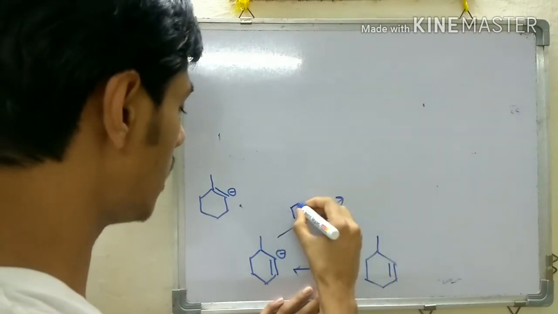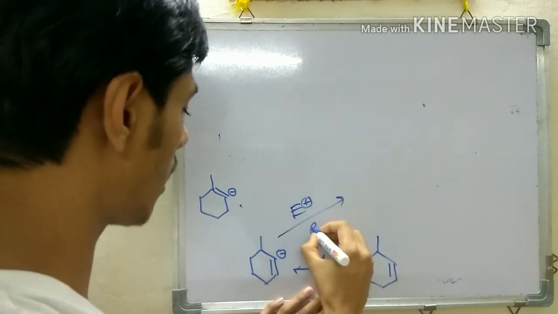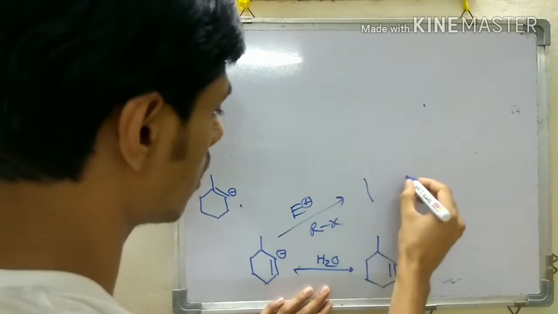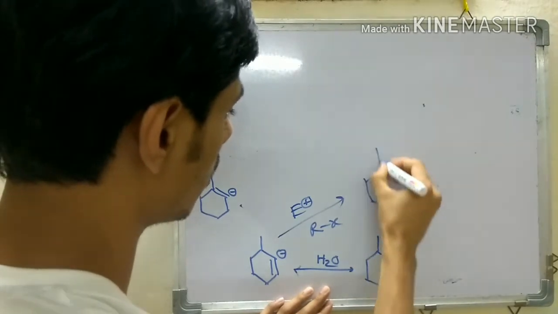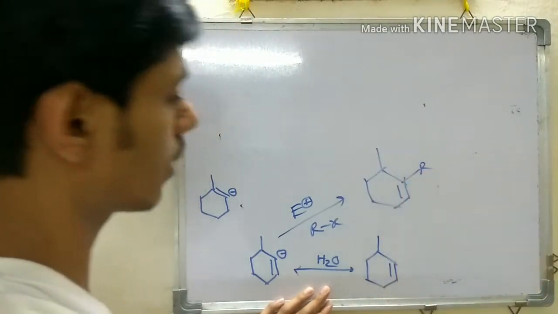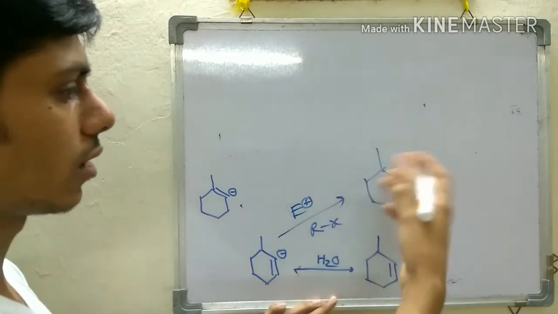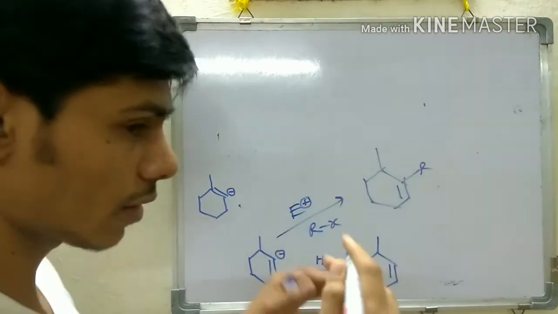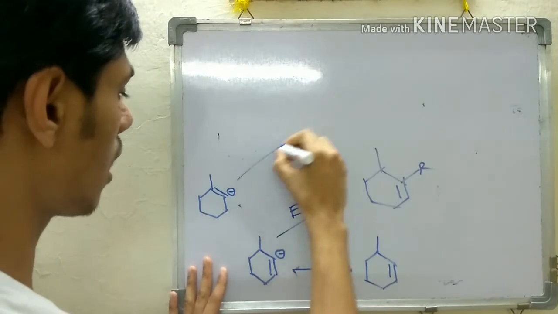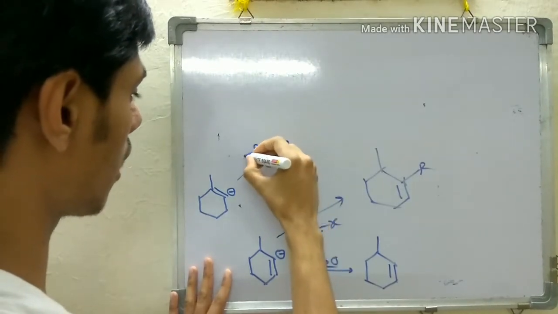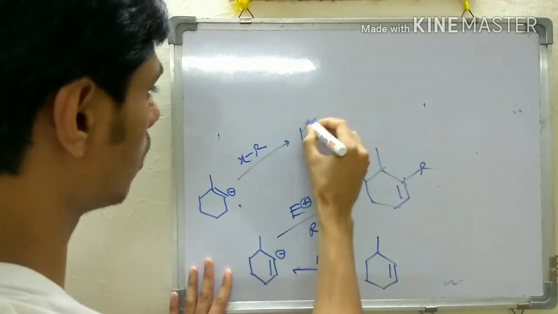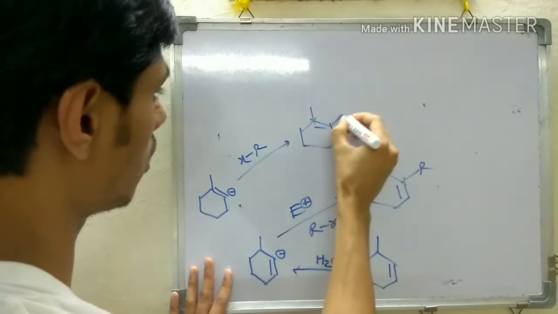You can use any electrophile, let's say RX, any electrophile, so that can add to here. So R can add here. So this is a functionalization, and in this case also you can add RX and you will get R here.